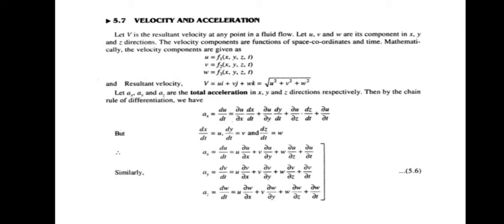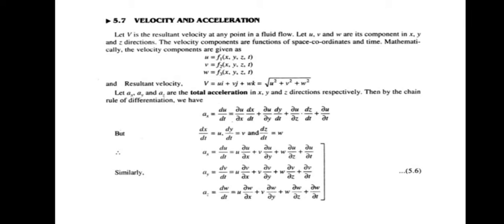Capital V is the resultant velocity at any point in the fluid flow, and small u, small v and small w are the components of velocity in x, y and z directions. That means the velocity components are functions of space coordinates and time. Mathematically, small u is equal to f1 function of x, y, z, t.